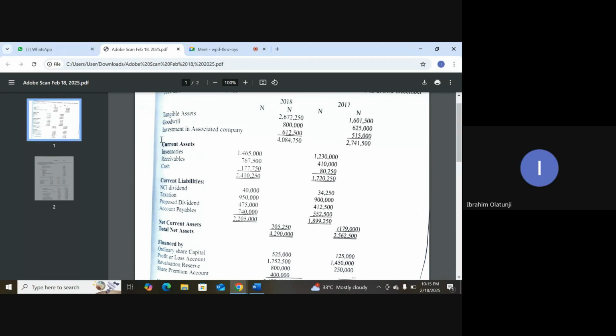Can you see up here? Is investment dividends? Investment in associate company. So at the end of the day, whatever you are going to get from investing in associate company, what is your return? Dividend.